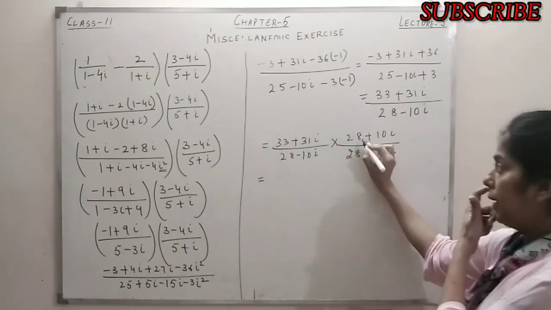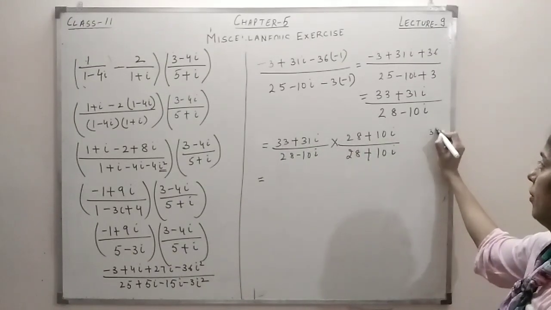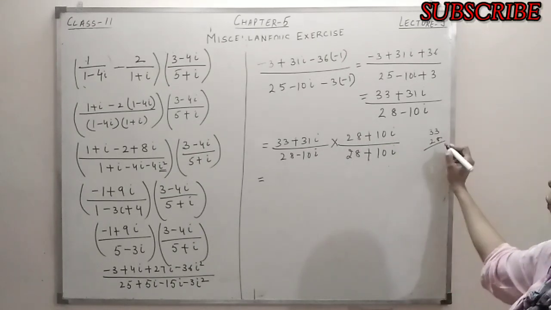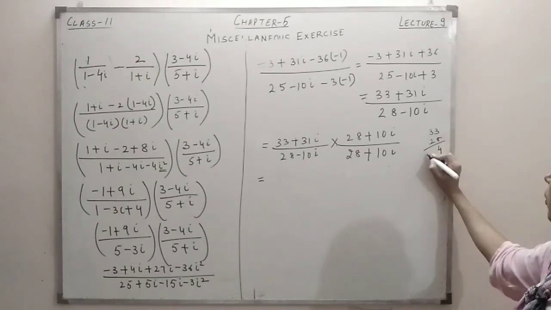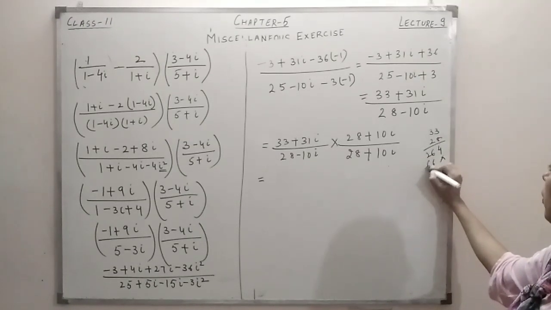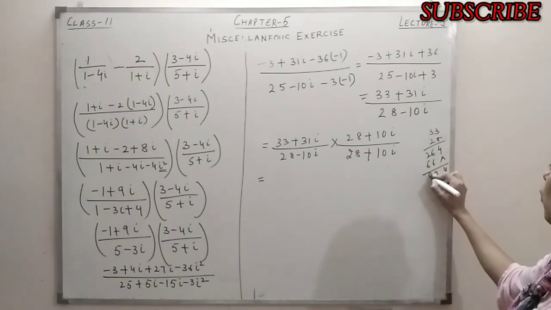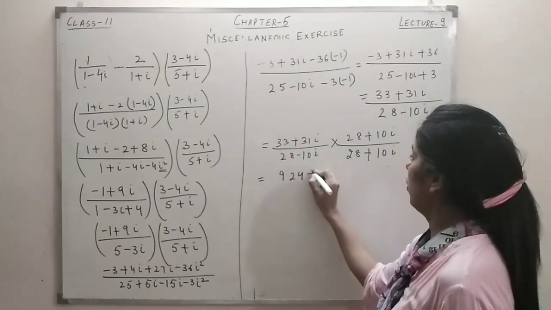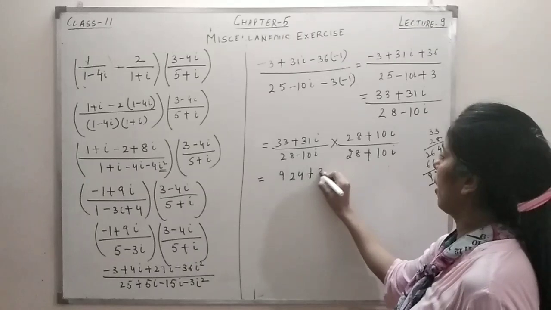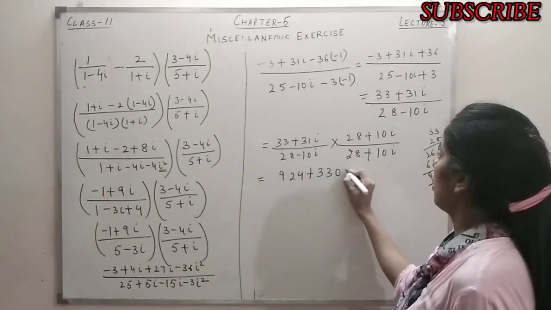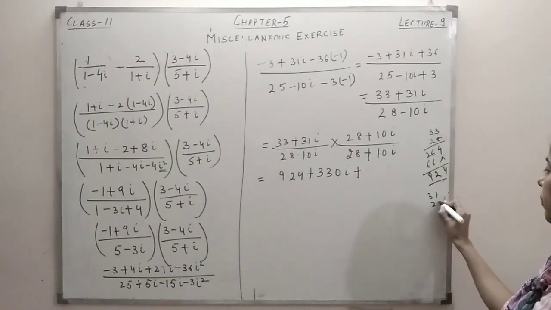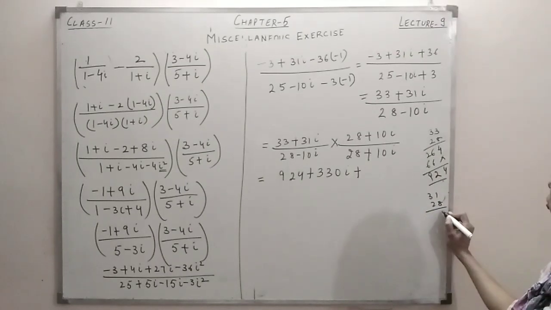Now 33 into 28, first of all we do it. That is what? 924. That is 924 plus 33 into 10i, that is 330i, plus 31 into 28.